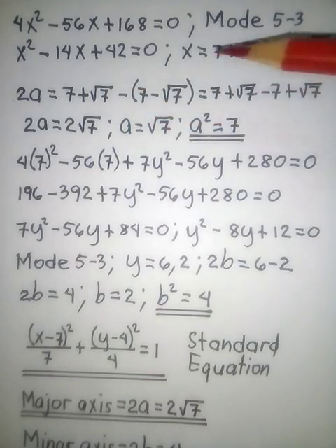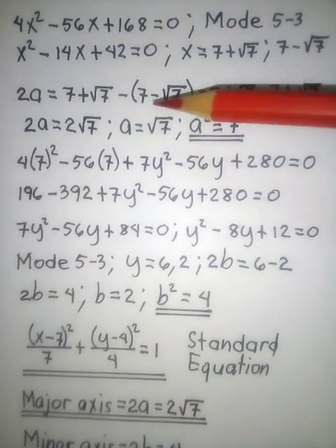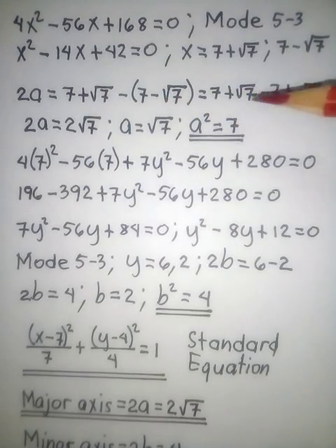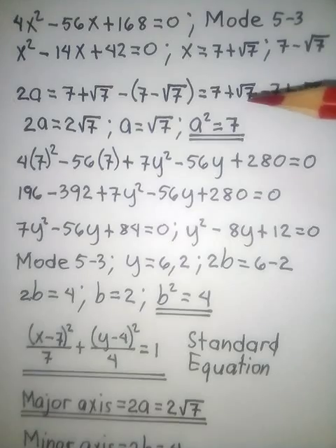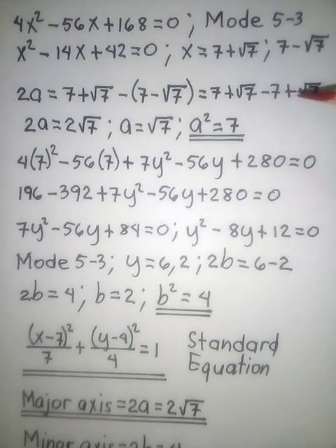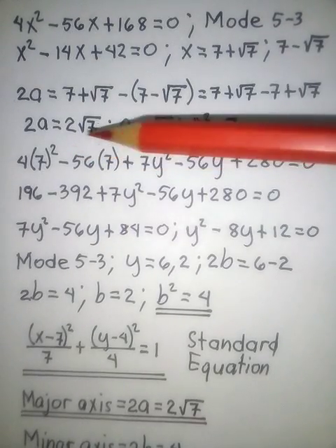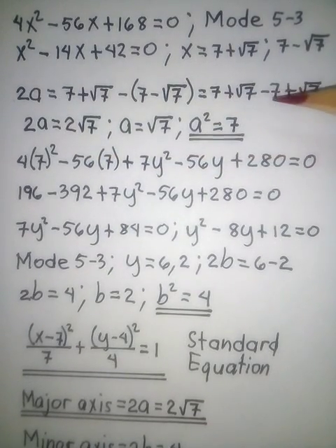The 7 minus 7 will be cancelled out or equal to 0. So we will get 2a, or the major axis, is equal to 2 square root of 7. And a is equal to square root of 7, and a squared is equal to 7.